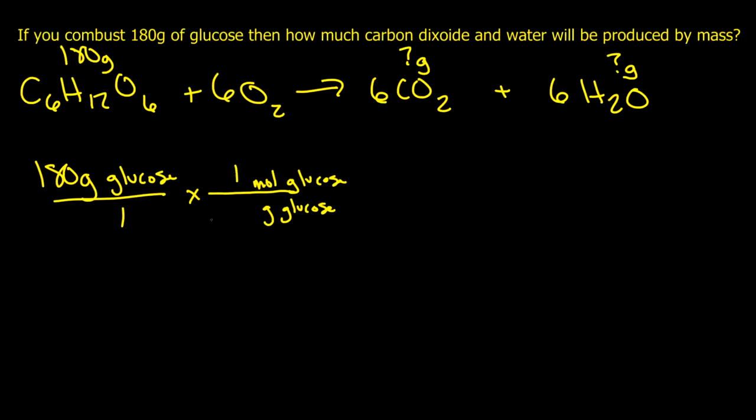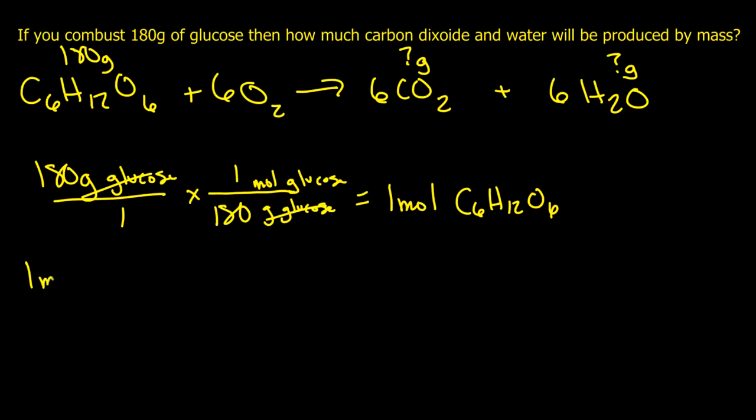So 1 mole of glucose weighs, conveniently, 180 grams. So that means I'm dealing with 1 mole of this glucose. This canceled out, left us with moles of glucose. So now I'm going to use this information to continue on.